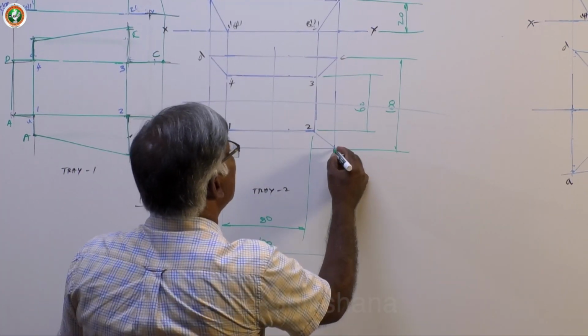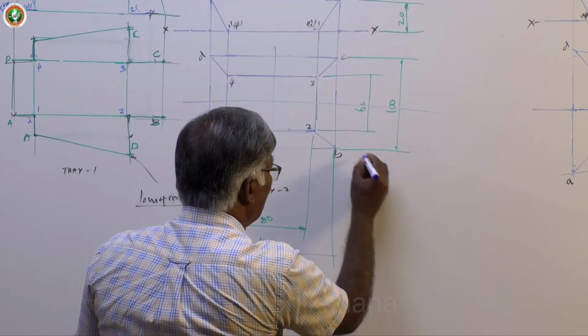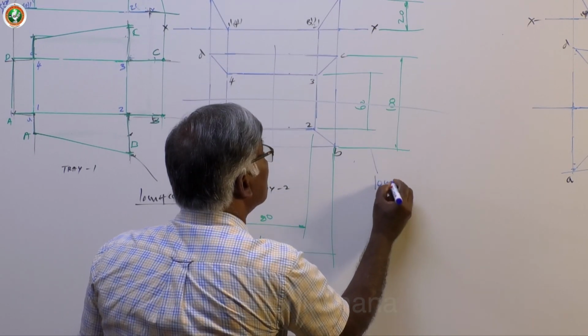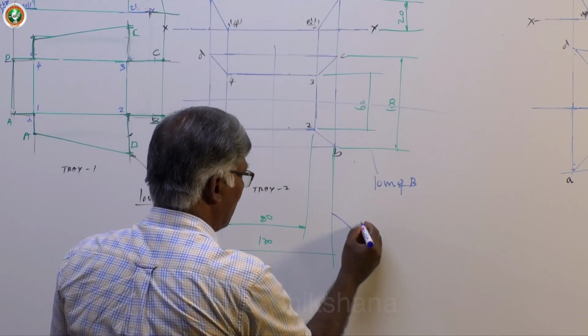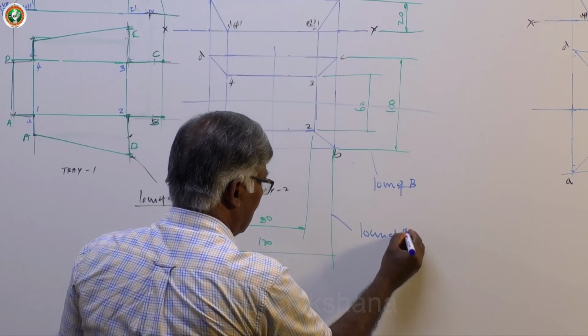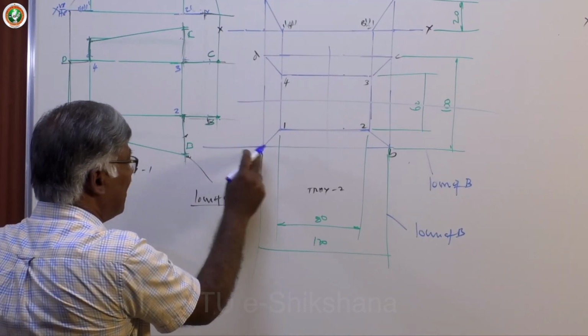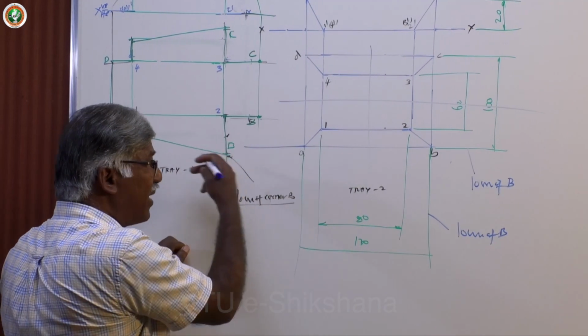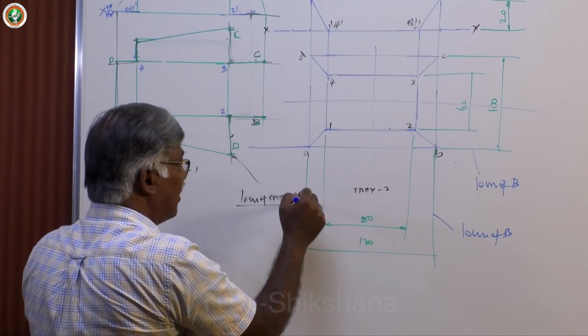Now I can say this particular line in this direction is the locus of B. Again, this is the locus of B, in two different directions. And similarly, this is the locus of A in this direction with respect to 1, 4, and with respect to 1, 2, this is the direction.